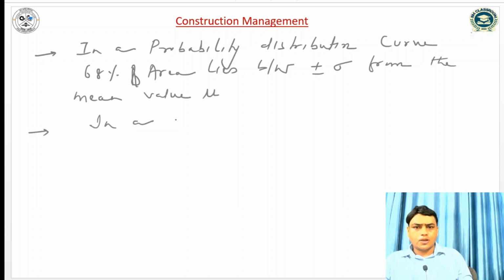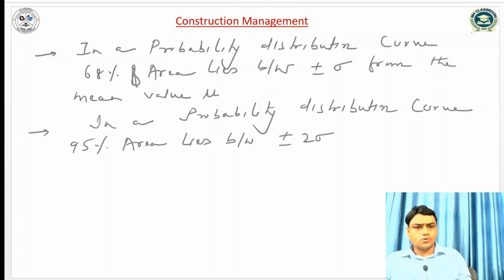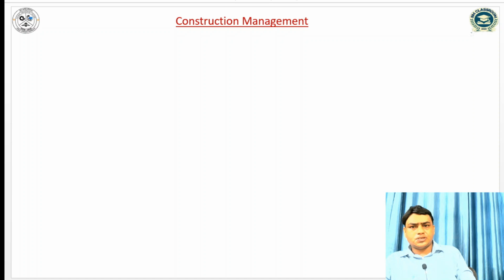Similarly, in a probability distribution curve, 95% area lies between plus minus 2 sigma from the mean mu, and similarly 99.7% area lies between plus minus 3 sigma from the mean value mu. So what does it mean?